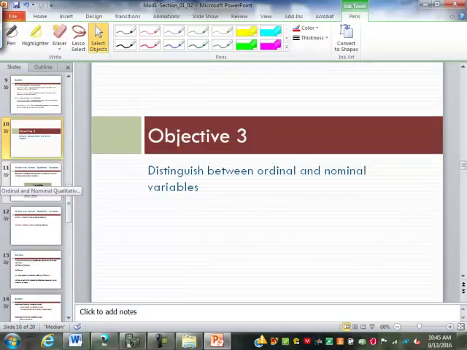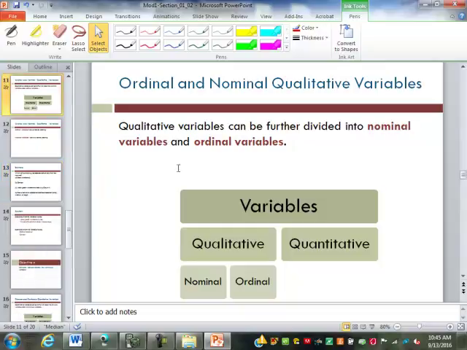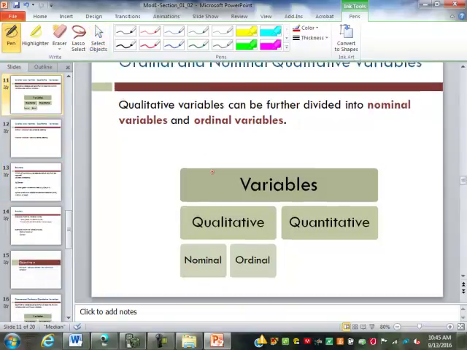So now let's look closely at our qualitative variables. Our qualitative variables can be divided into two different levels of measurement: nominal and ordinal. Nominal means they can be divided up by name only. Most yes or no questions are nominal. Favorite color is nominal. There's no way to put them in order.